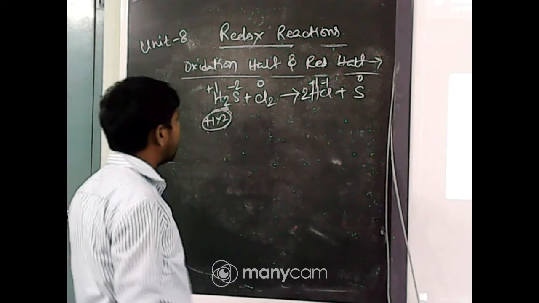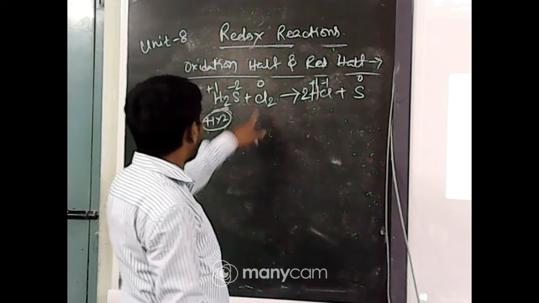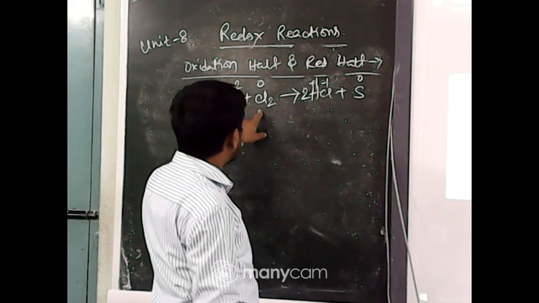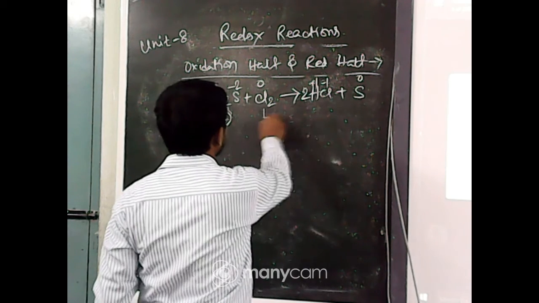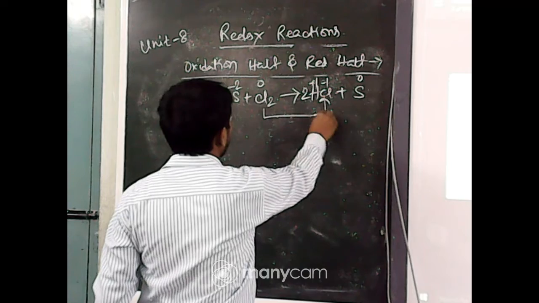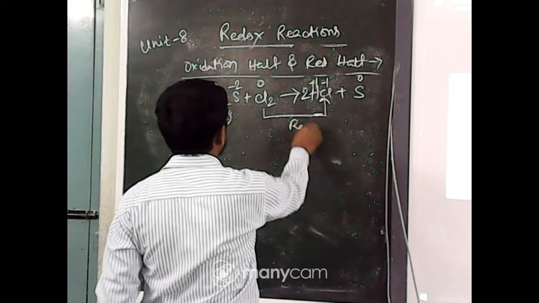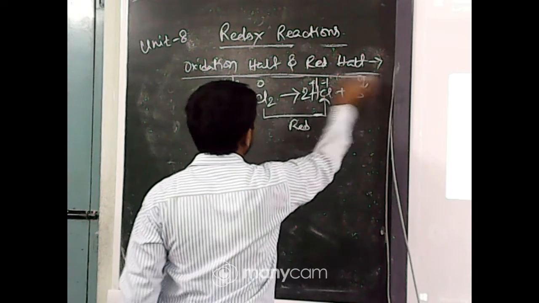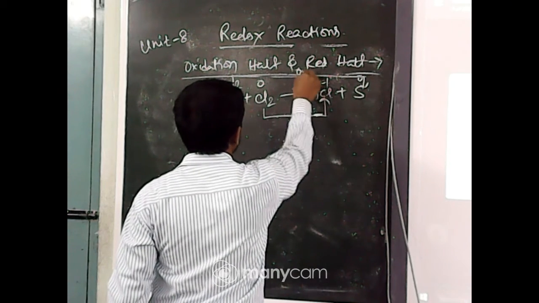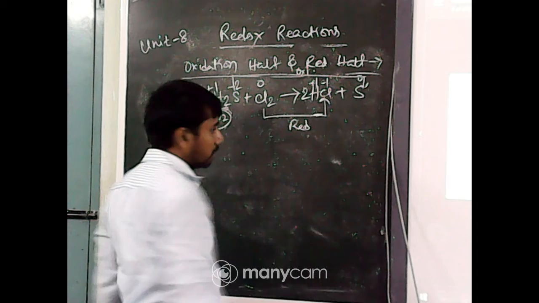Now follow the change in oxidation state. From chlorine to Cl minus there is a decrease in the oxidation state, so it is called reduction. On the other side, from -2 to 0 there is an increase in the oxidation state, that is oxidation. Clear?